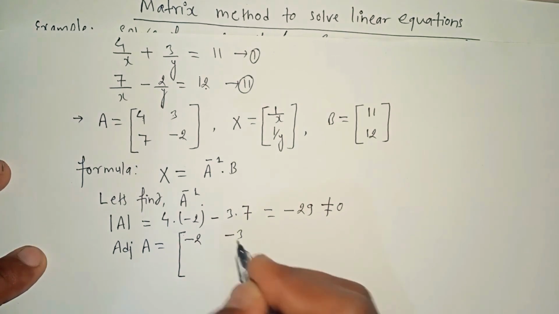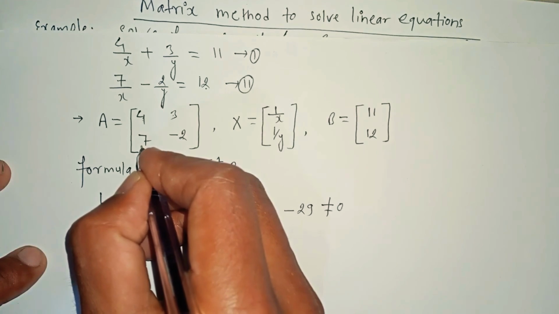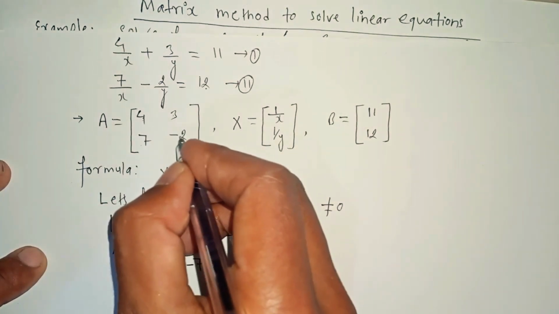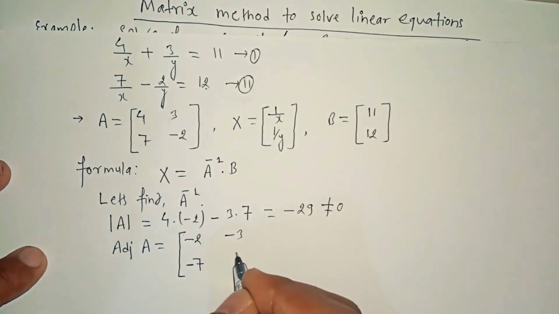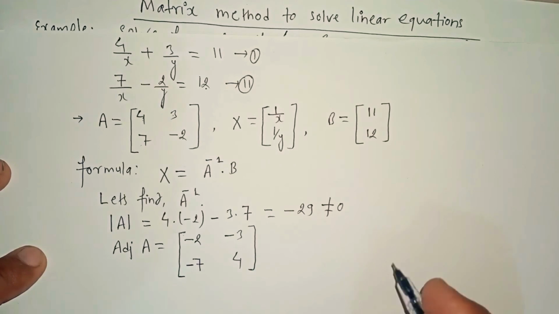The opposite of 3 is negative 3, and the opposite of 7 is negative 7. This is the adjoint of matrix A.